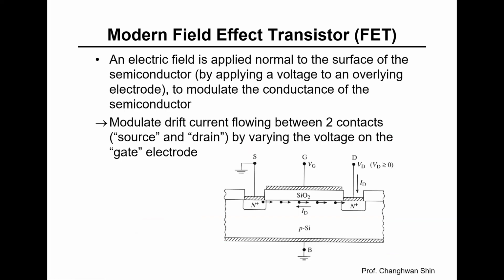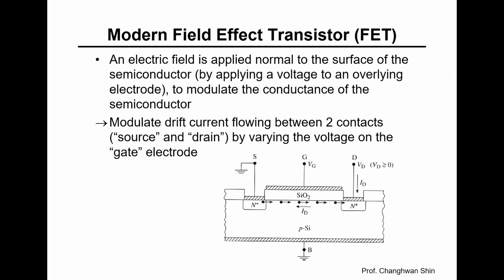So now let's take into some fundamental working principle in modern field effect transistor, FET. The modern field effect transistor operates on a principle that might seem magical. However, it can be understood through a simple analogy.